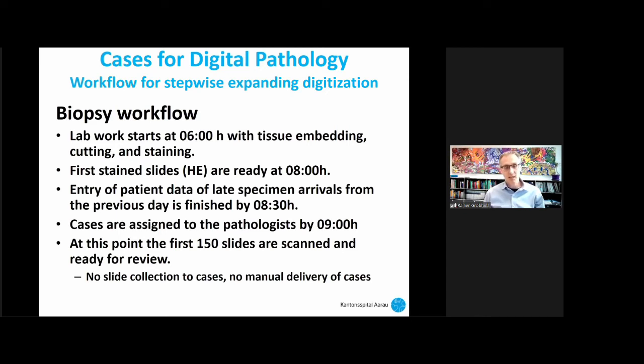Meaning there is no real assignment to the pathologists. That is probably a workflow that will not fit with a digital pathology workflow. So you probably need an assignment in order to have your work list done. And the question is, how are the cases delivered to the pathologists, and at what time are the slides ready for review so that people can start working?